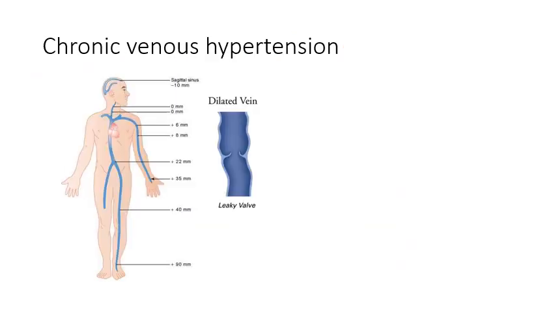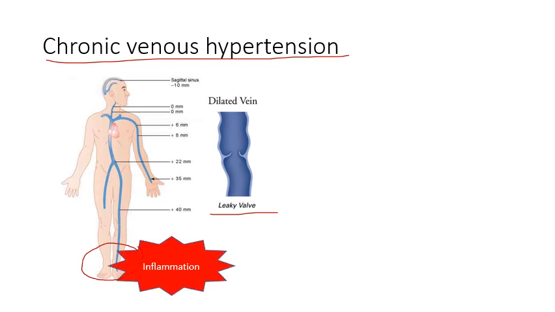So what happens with a leaky valve or this reflux is you have chronic venous hypertension, and that increases the pressure down by the ankle, and this causes an inflammation.